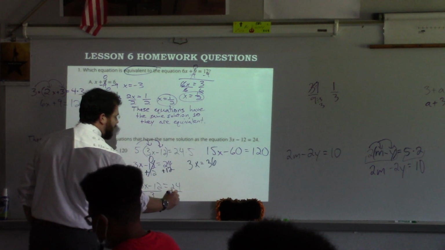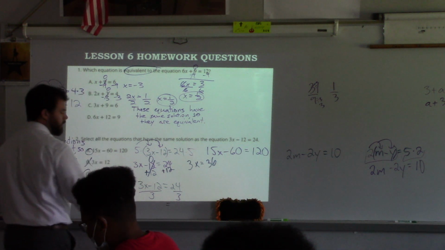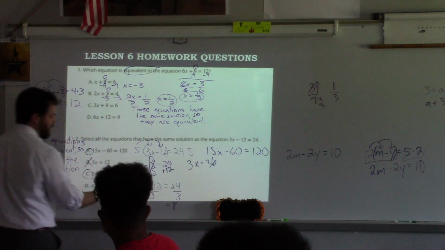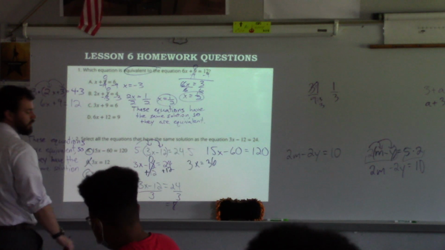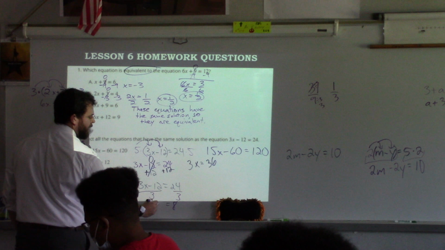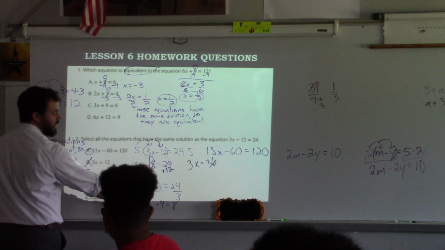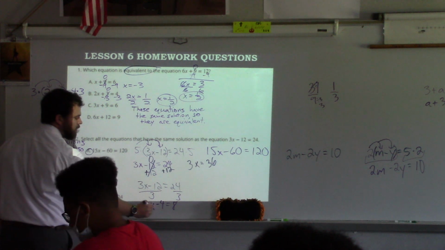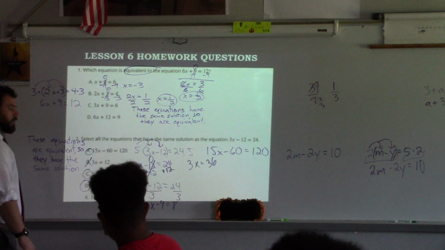What's 24 divided by 3? That's 8. Negative 12 divided by 3 is negative 4, and 3x divided by 3 is x. Worked out pretty well.